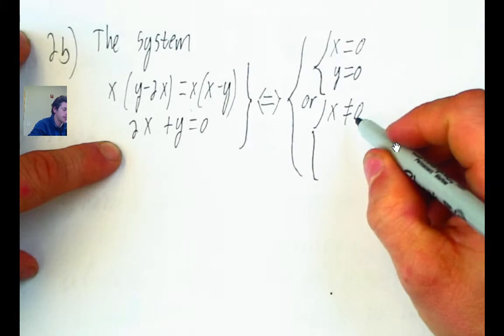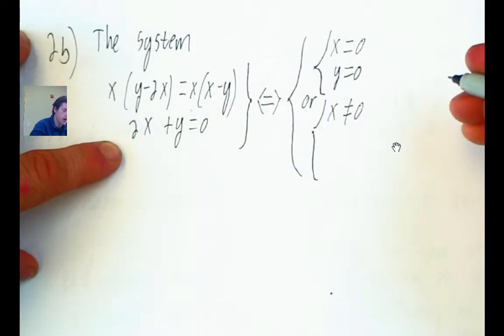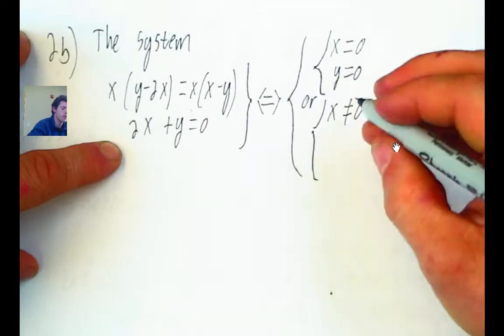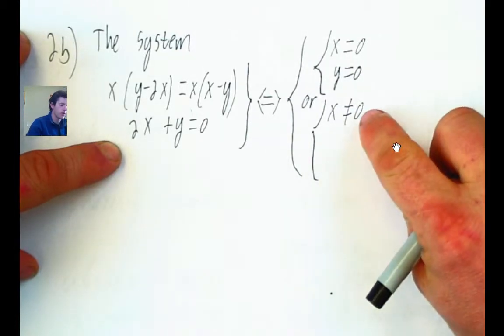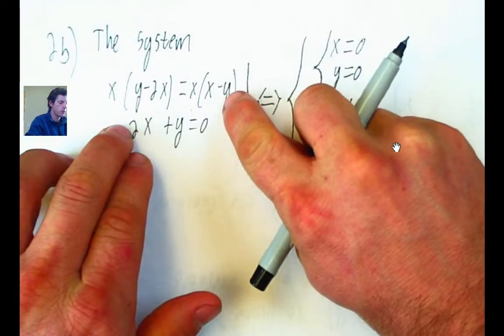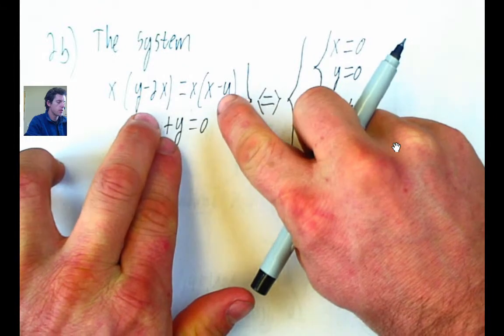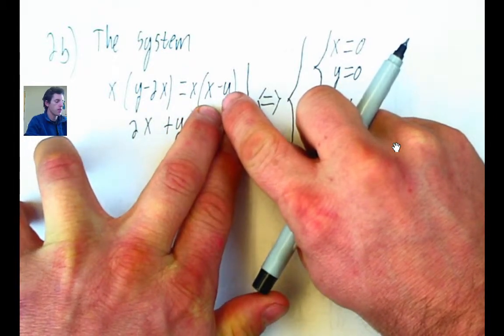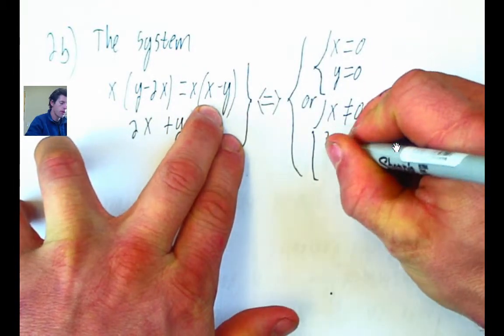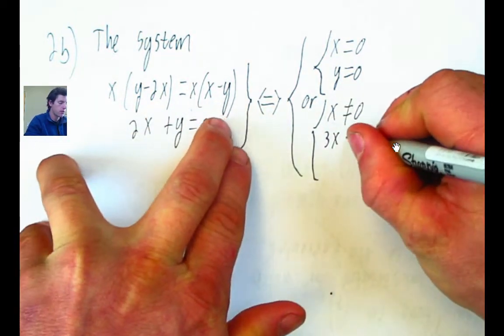If x is not 0, then we also get a system of equations. Interesting. Let's take a look at the system of equations that we get if x is not 0. Then I could cancel these two things. Let me just move everybody to the same side. Let's see. 2x, I move it over there, and that'll give me 3x, and then the y, if I move that over there, I'll get negative 2y.